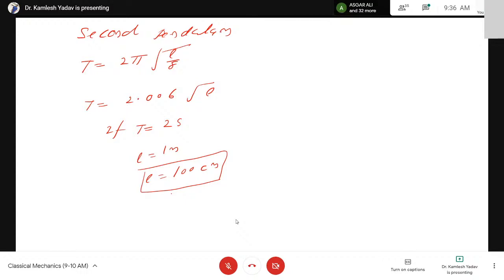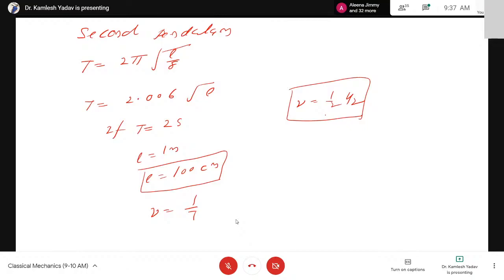If the time period is 2 seconds, then if you substitute 2, the frequency will be equal to half hertz. Therefore, second pendulum is a pendulum whose time period is precisely equal to 2 seconds.